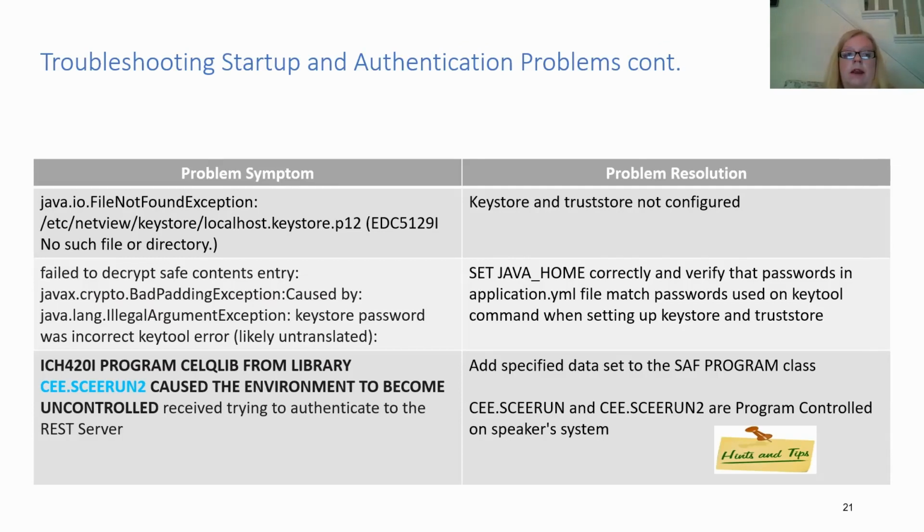I got this ICH420I message that said that CEE.SCEERUN2 was essentially an uncontrolled data set. And that happened when I was trying to authenticate to the REST server. So you'll need to add that data set to the SAF program class. And I actually have both CEE.SCEERUN and SCEERUN2 program controlled on my system.